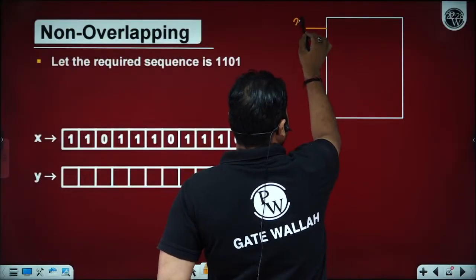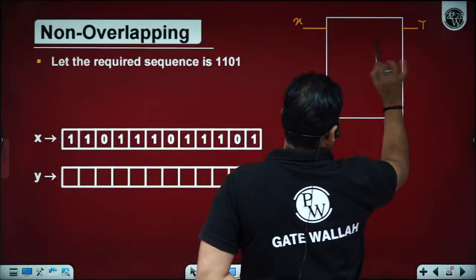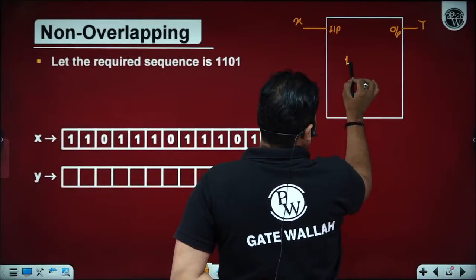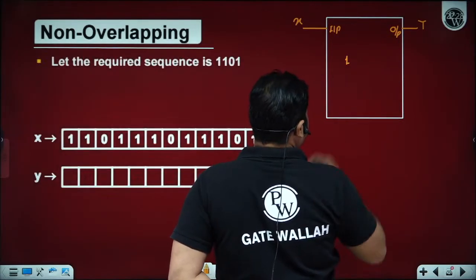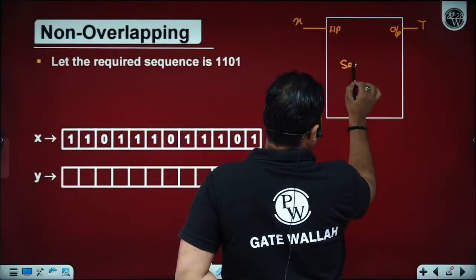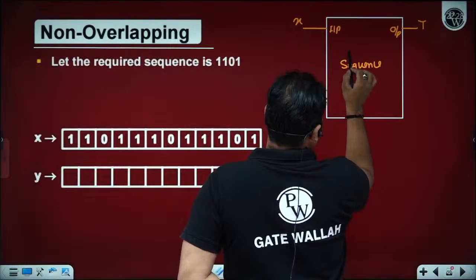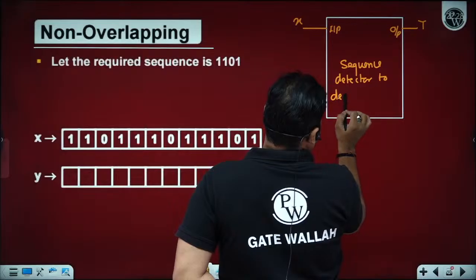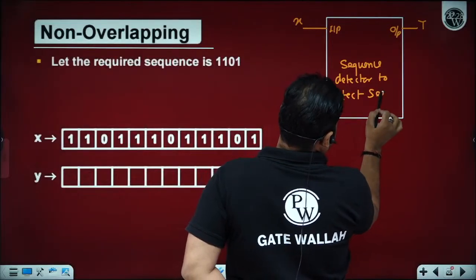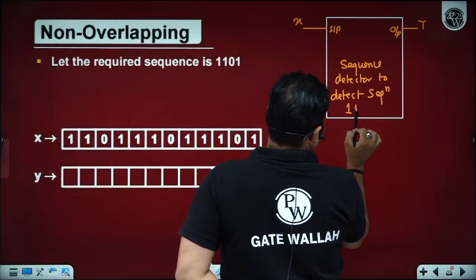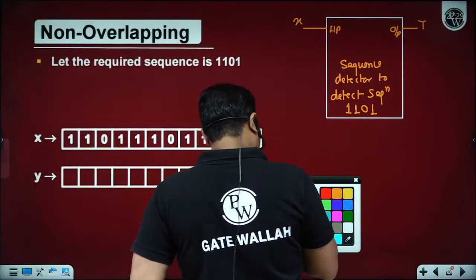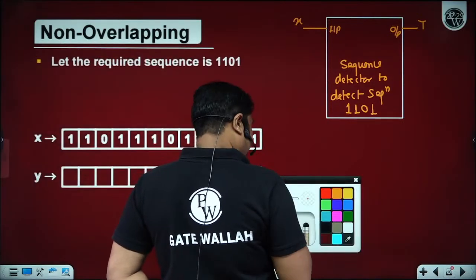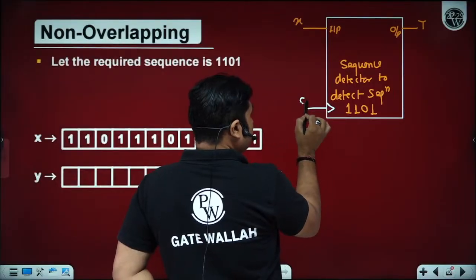So we have X as the input and Y as the output of the sequence detector. Suppose I want to detect the sequence 1101.